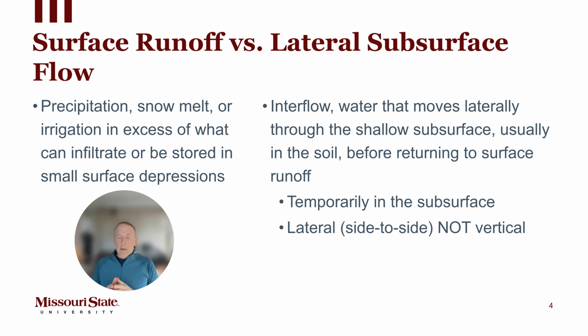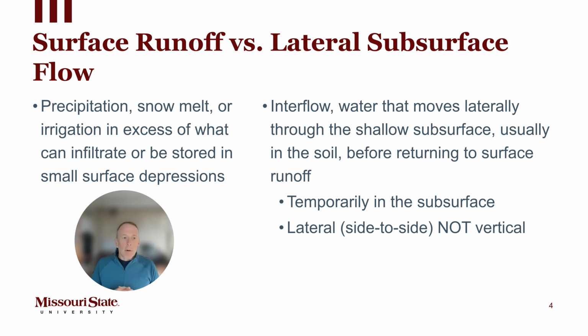So let's just talk a little bit about surface runoff versus lateral subsurface flow. And I've got a diagram that'll help illustrate these on the next slide, but let's put the definitions here in words so you can see them. So surface runoff is precipitation, snowmelt, or we can include irrigation, where we're sort of creating artificial surface runoff that's directed towards a crop and its roots.